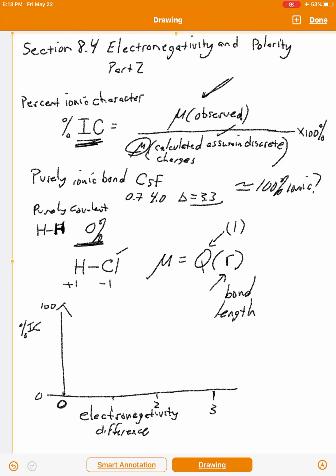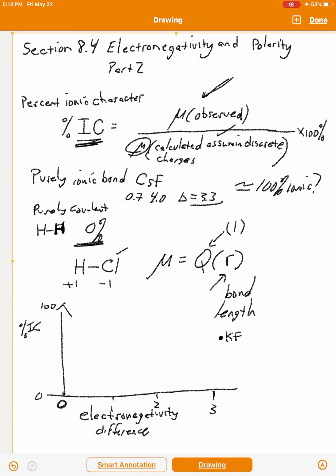And what you find is that if you take an element that's really highly electronegative, like fluorine, and combine it with something that's very low electronegativity, like potassium, the difference in electronegativity is above 3, and the percent ionic character is somewhere around 80%.